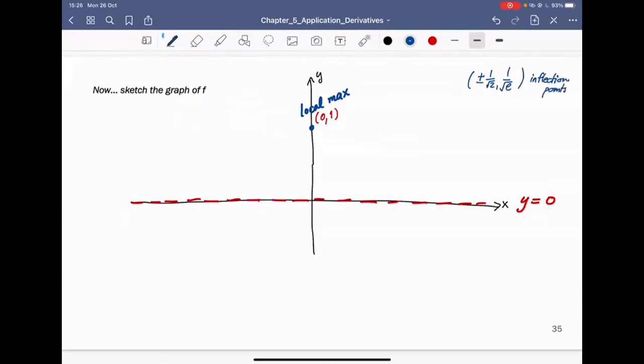So this is negative 1 over square root 2, this is 1 over square root 2, and let's say this is 1 over square root e. It is less than 1, right? Like that, like that. Okay. Keep in mind that these two spots are going to be your inflection points.